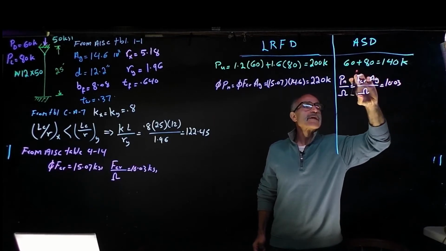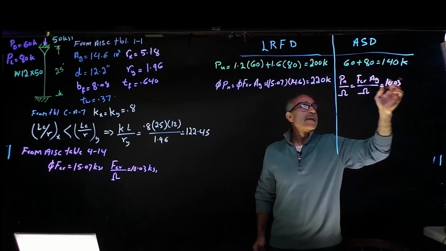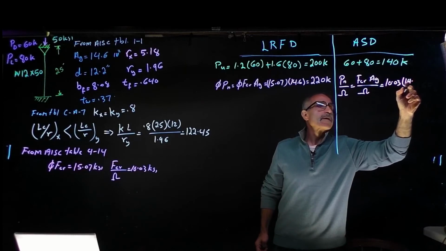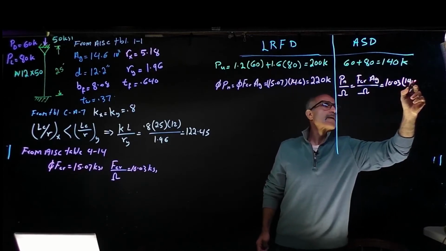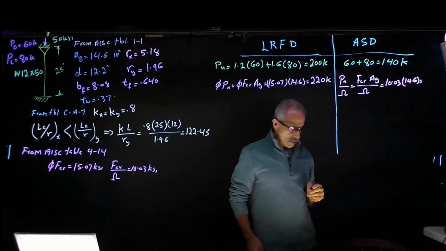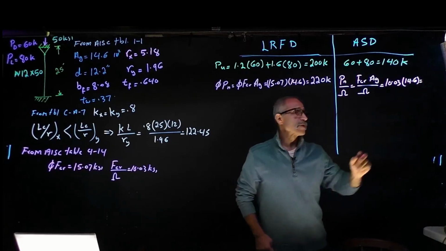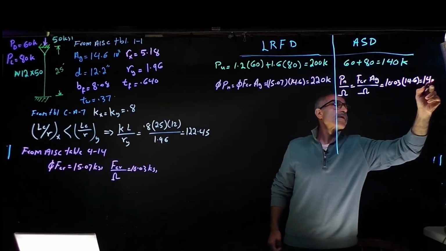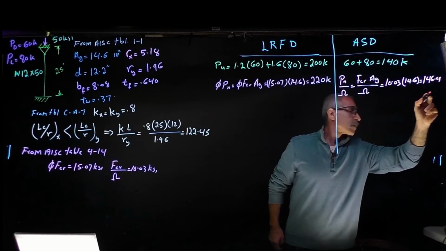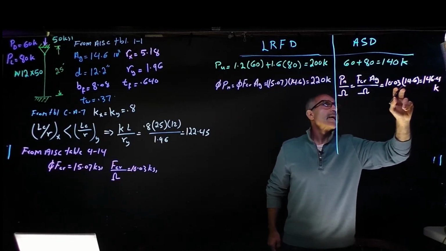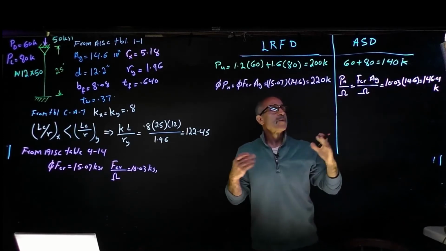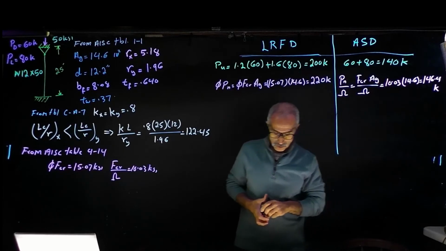We already have this number, came out 10.03, times 14.6. So that comes out to 146.4 kip. And that is bigger than applied load, which is good. That's what we're looking for.